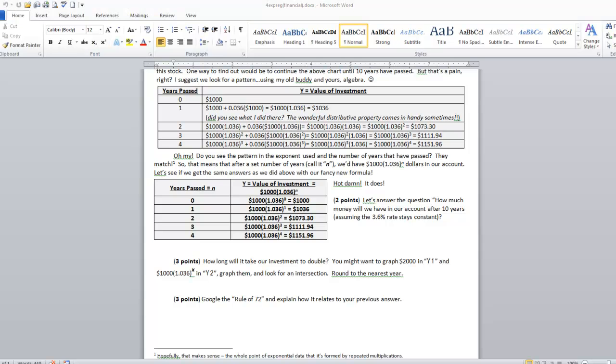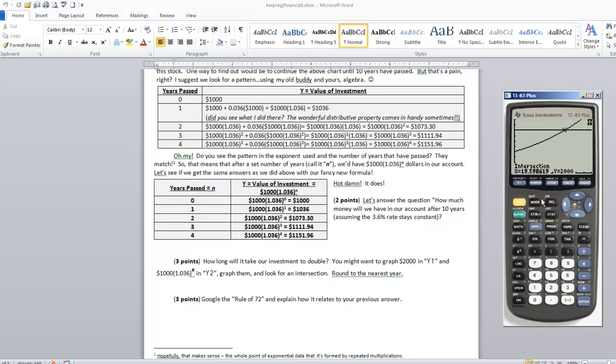Now that was a lot of words, so let's do the math first. 72 divided by 3.6%. Enter. 20. What that tells me is it will take me 20 years to double my investment.